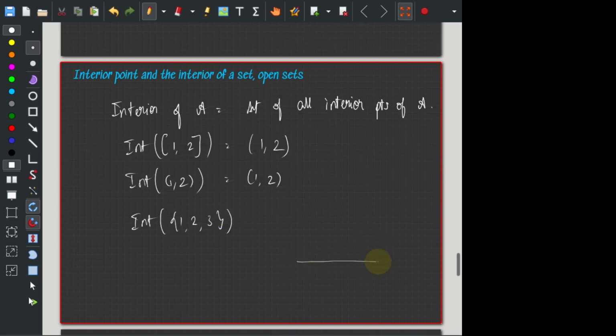So we're all viewing all of these as subsets of the reals, right? So I have 1, 2, and 3. These three points.